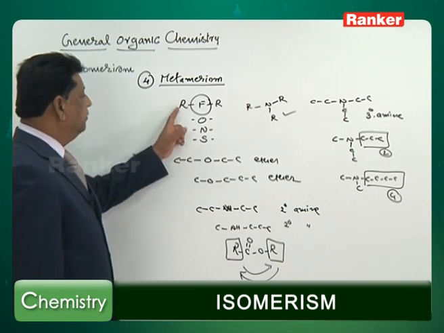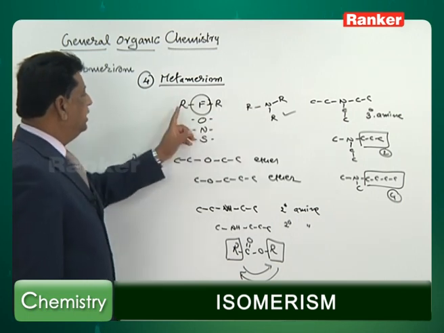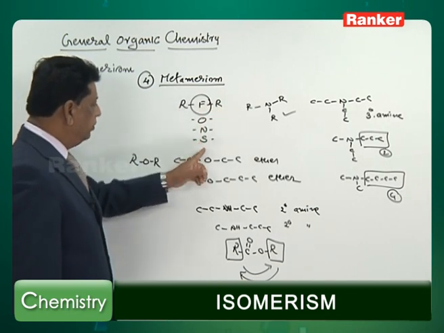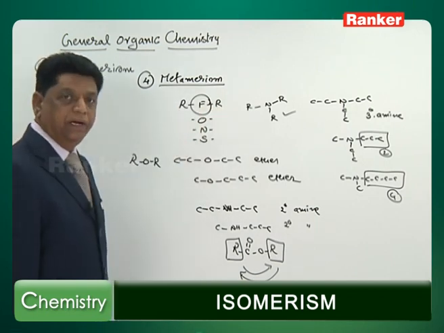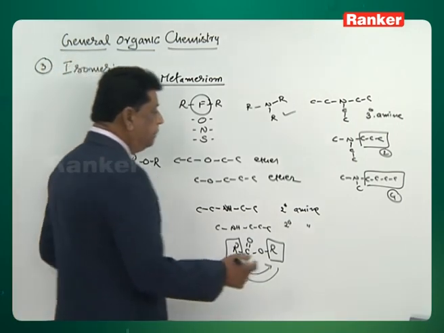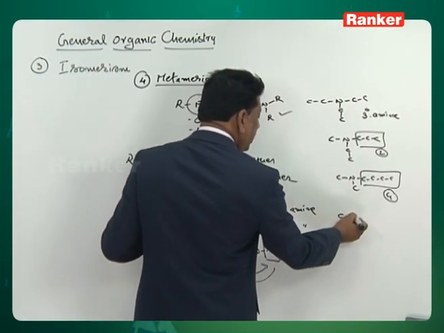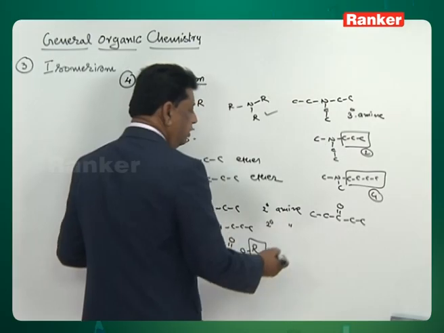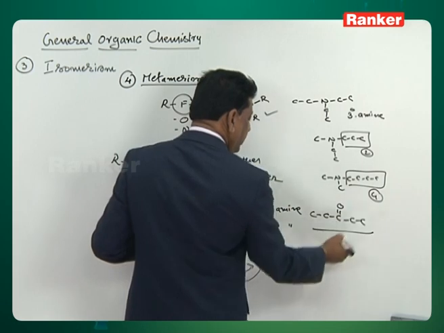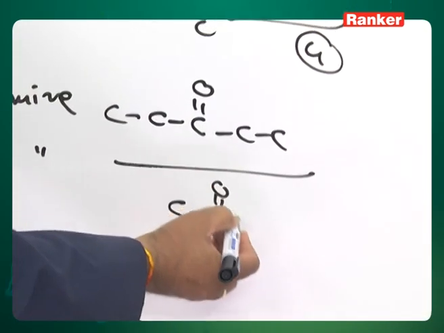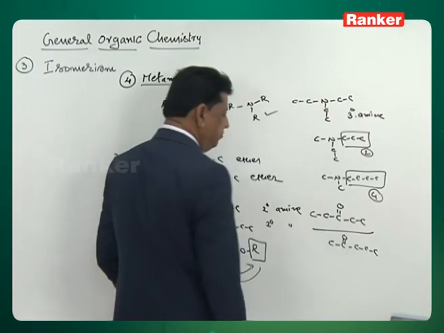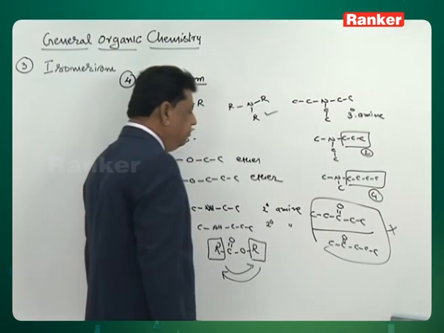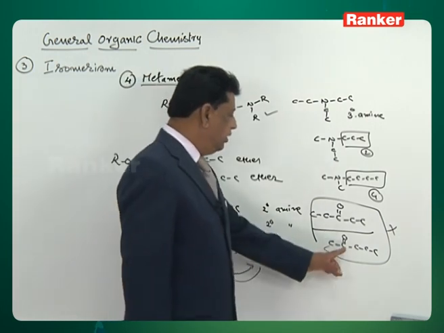So, in metamerism, we are rearranging the number of carbons present in the alkyl groups attached to a functional group made up of a hetero element. In some books we are seeing, for example, if 2 carbons are there in a ketone and I shuffle 1 carbon that side, it will become a ketone, but with propyl on the other side. This is not considered as metamerism at all, because in the center there is no hetero element.